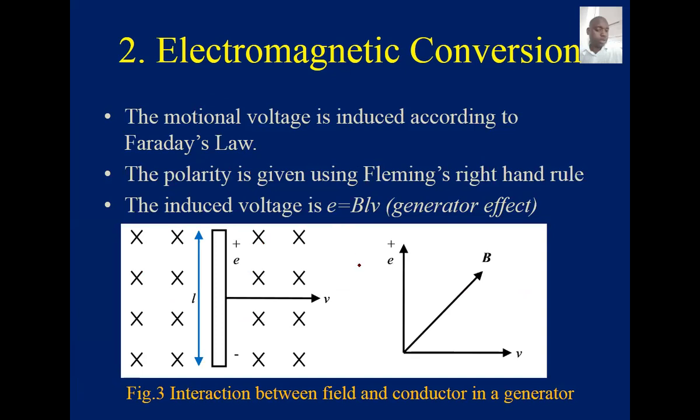Since we are coupling using a magnetic field, then there should be electromagnetic conversion, right? So that we have a conversion from electric to mechanical.